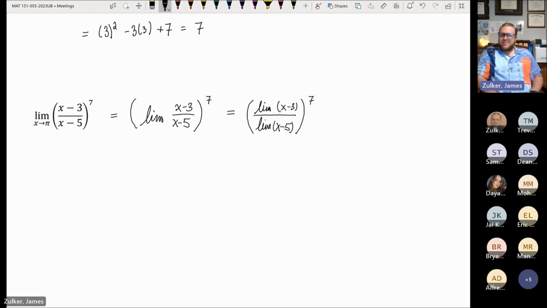So it becomes the quotient of the limits, as long as we're not going to get 0 in the denominator.